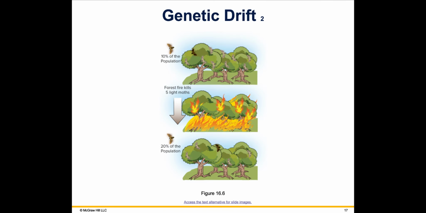But then after the forest fire, when a lot of those light colored moths died, now the percent of our dark colored moths within the population is much higher than where we started. And this is that bottleneck effect. It is where we have a large population, something happens, we lose some great number of our population, and it changes the allele frequency.